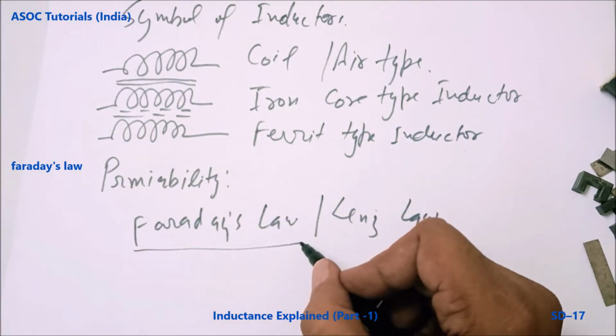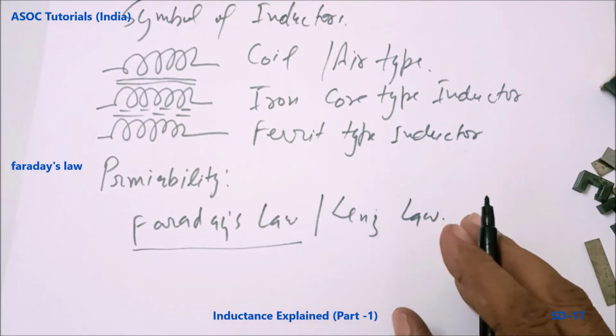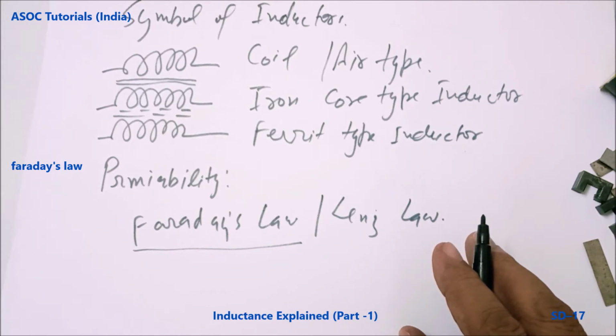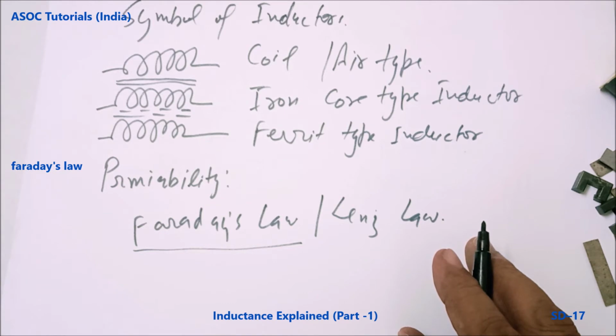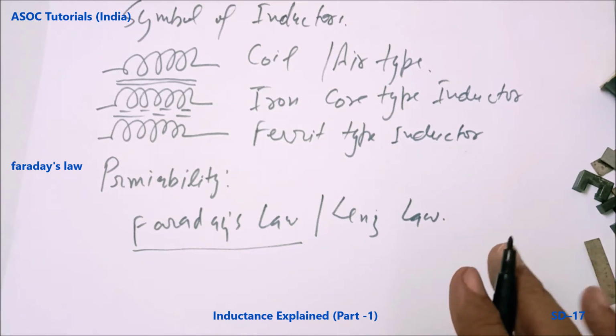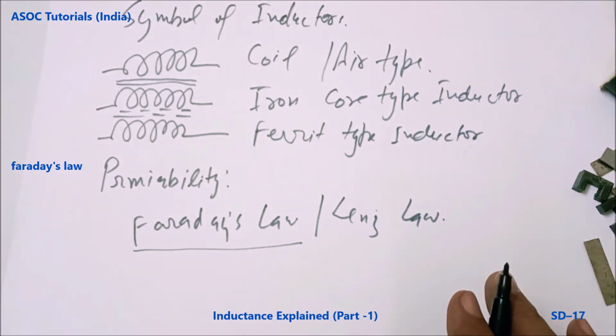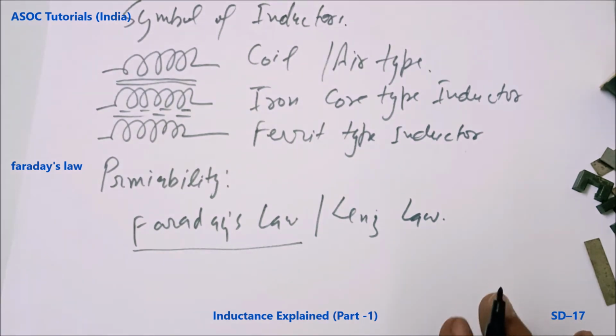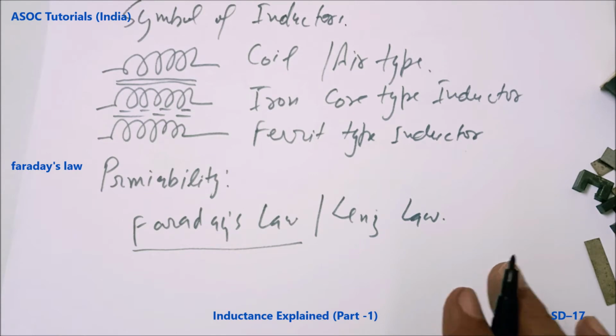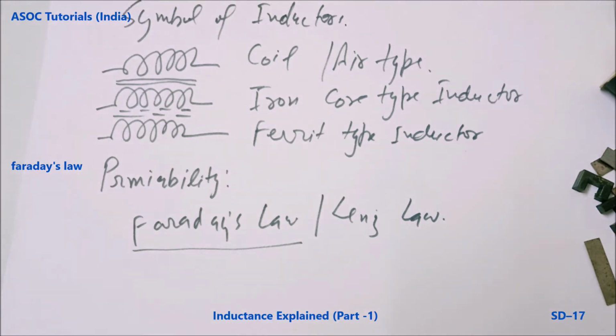The first one, Faraday's law, describes induction: how an electric current produces a magnetic field, and conversely how a changing magnetic field generates an electric current in a conductor. I hope you have seen my previous parts on magnets. It is shown clearly there.